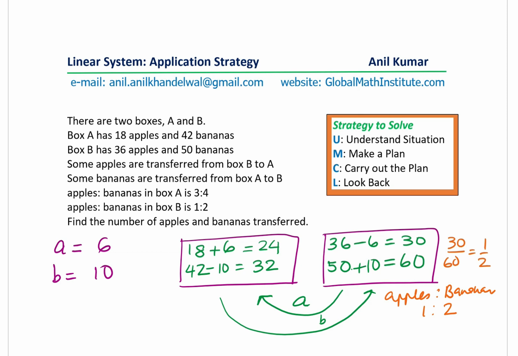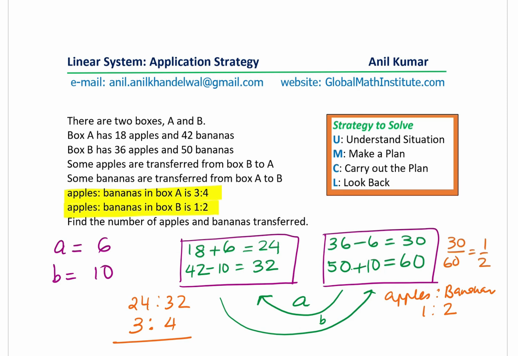And in this case, the ratio is 24 is to 32. Dividing both by 8, we get 3 is to 4. Perfect. So that is what we get. And that is what was expected. So the answer is correct.